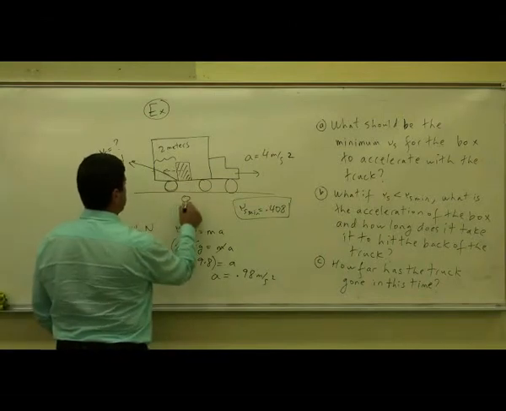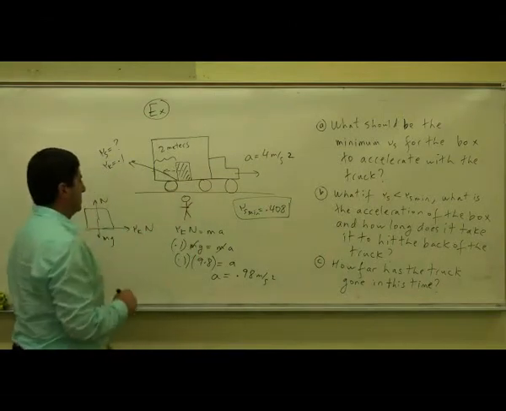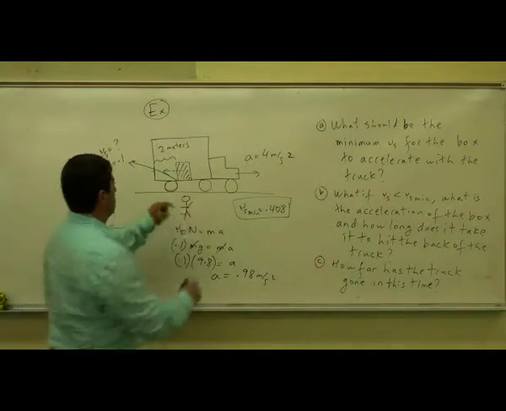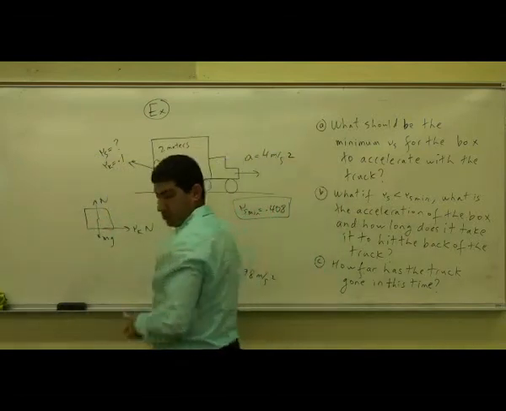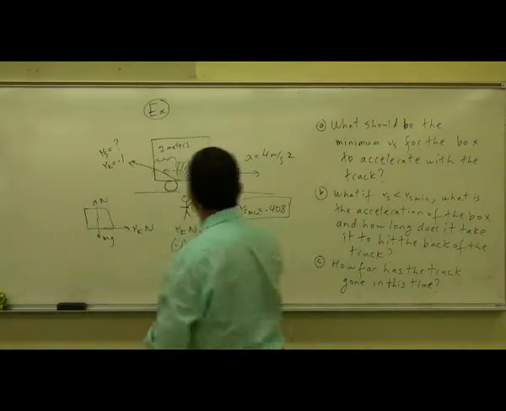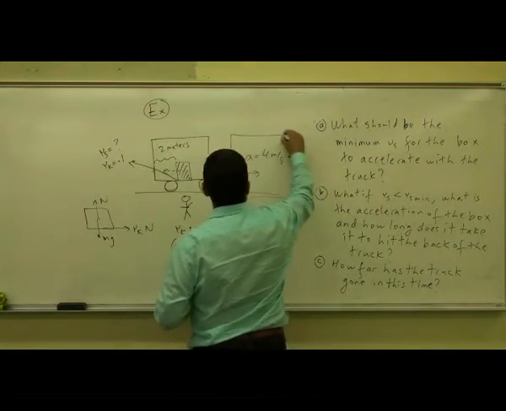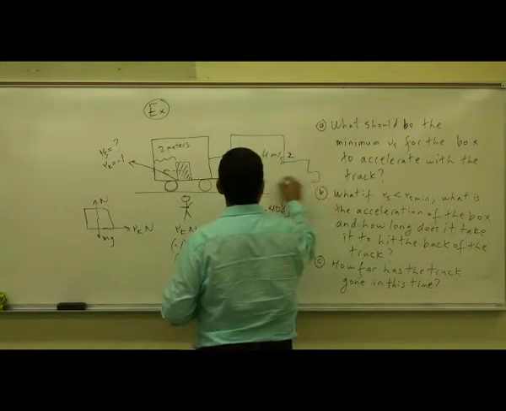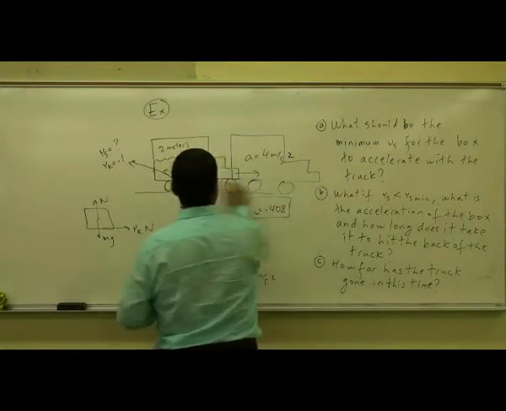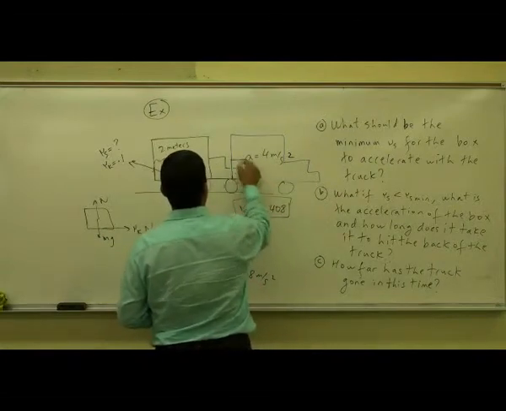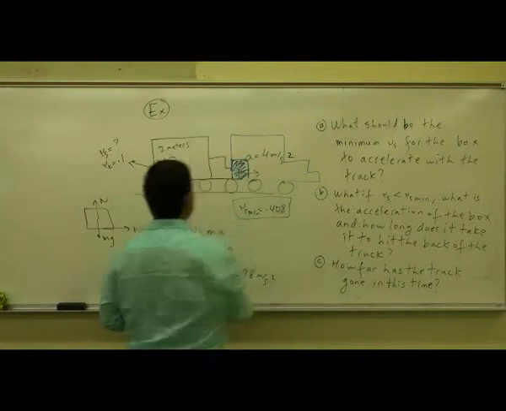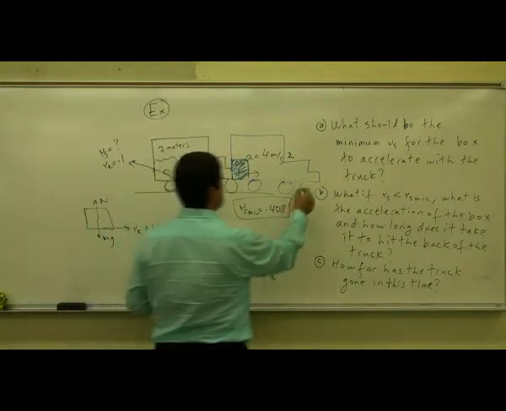You see, a person sitting outside is going to see the whole system. It's going to go like this. The truck has moved, let's say, over here. Eventually the box is going to be at the back of the truck, right?